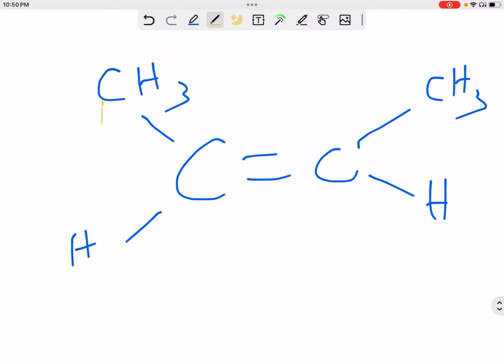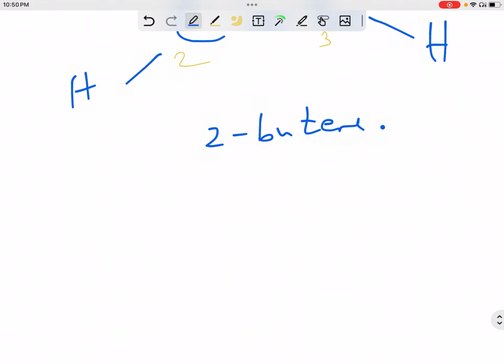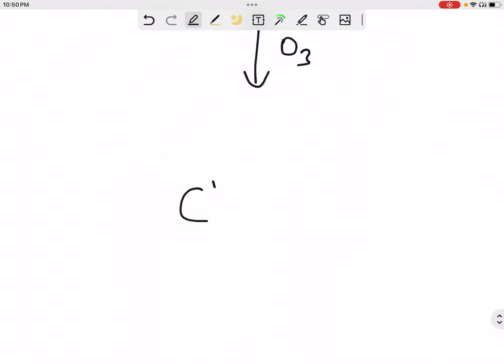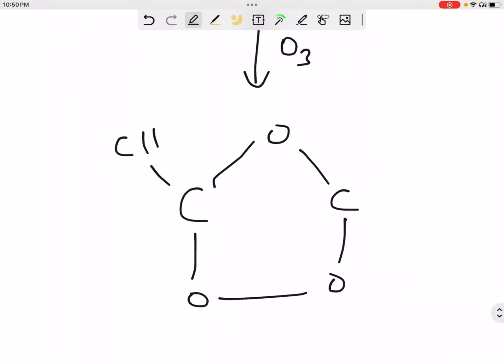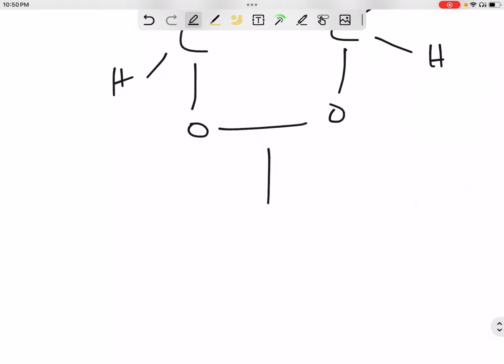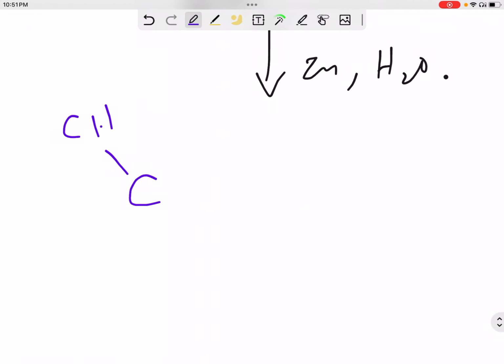Now the name of this compound is 2-butene, which on ozonolysis will be giving a product like this, with one CH3 and one hydrogen and one CH3 and one hydrogen, which on further reaction with Zn and water will give a compound with a double bond O and hydrogen over here.